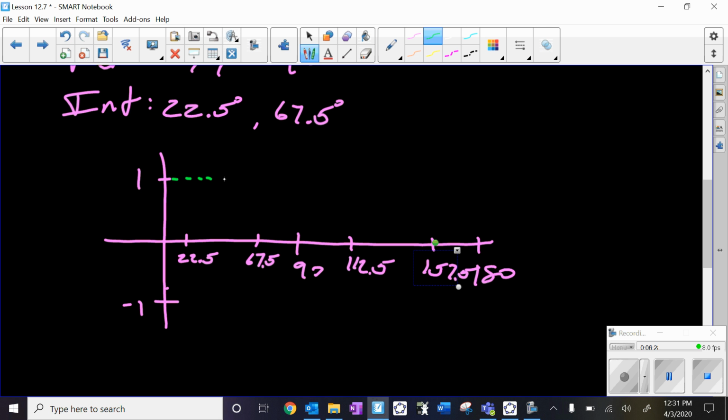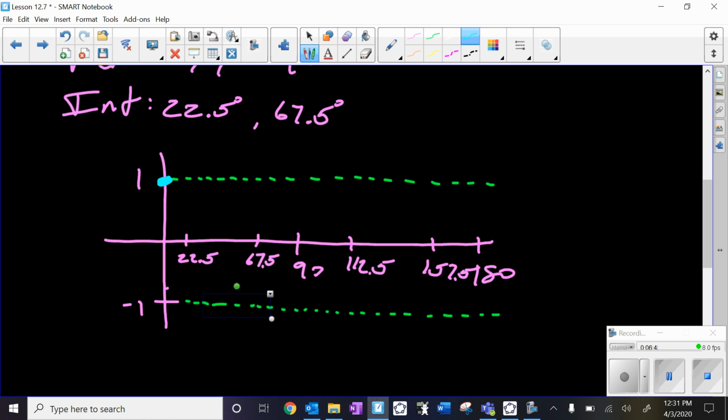We'll draw in our dashed lines, knowing that we can't go over those or under those. We're dealing with cosine. Cosine is up at the top. So we're going to have a height of 1 at 0 degrees, at 90 degrees, and 180 degrees. 22.5, we call those our intercepts, and 67.5, that's our intercept.